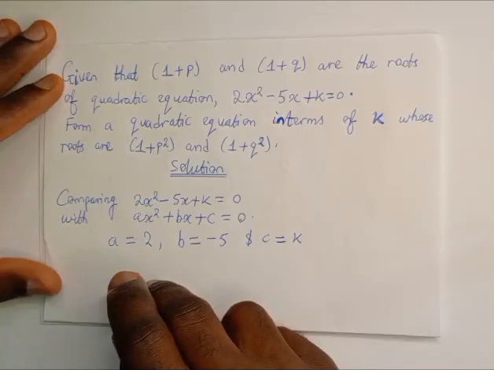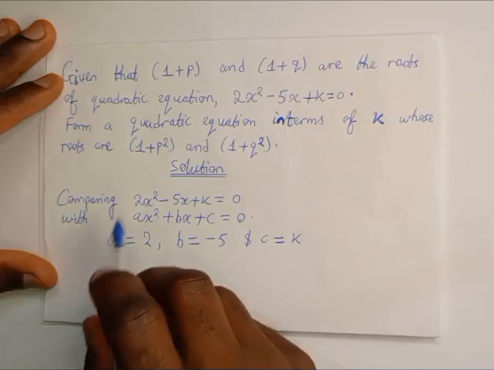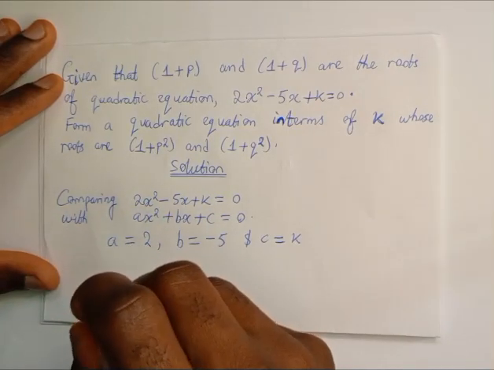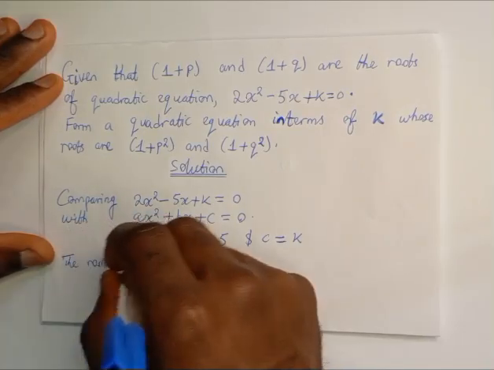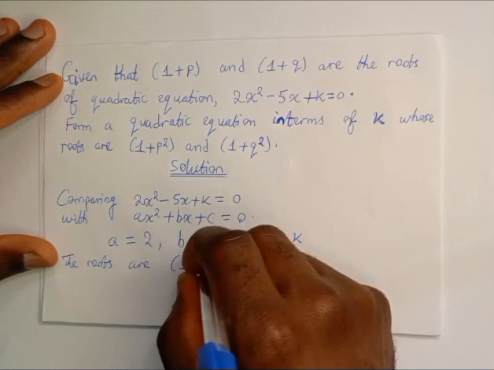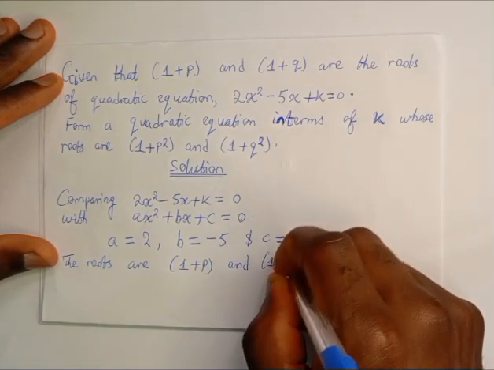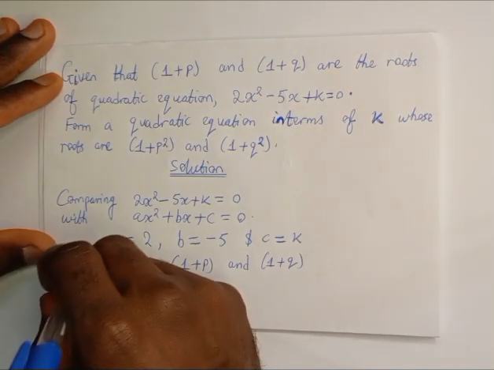Now we can find the sum of roots and the product of roots of this equation. We have been given that the roots are 1 plus p and 1 plus q. First, we are going to start by finding the sum of roots.